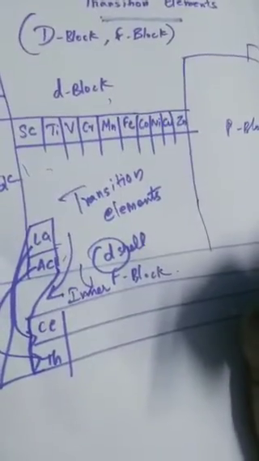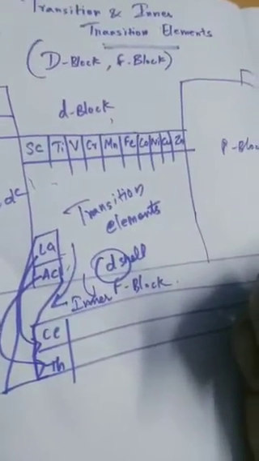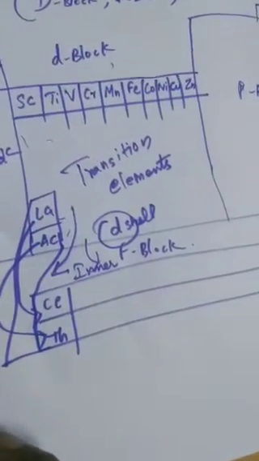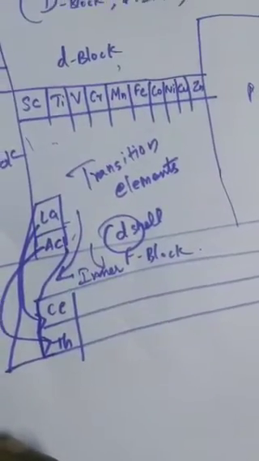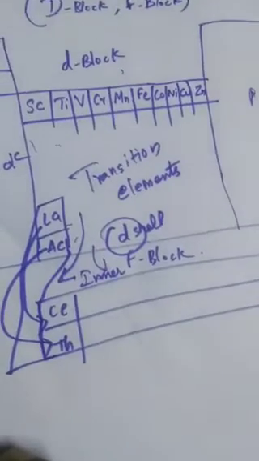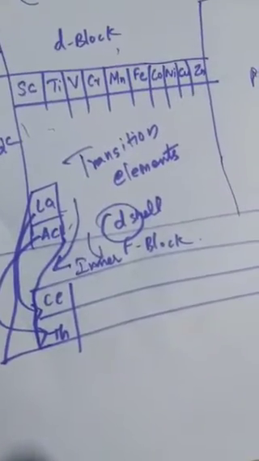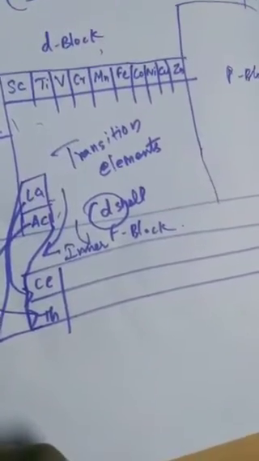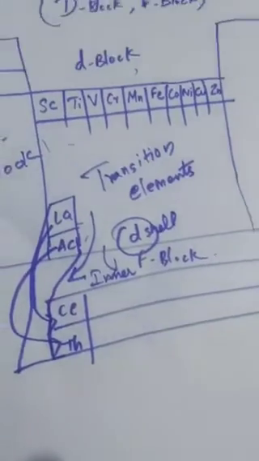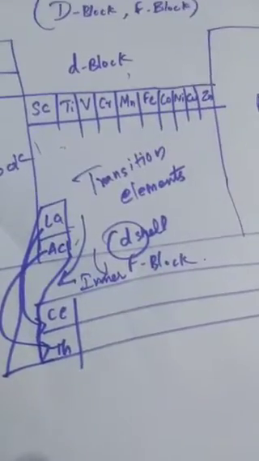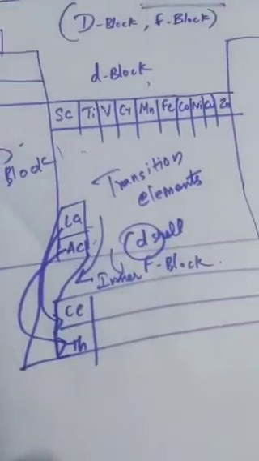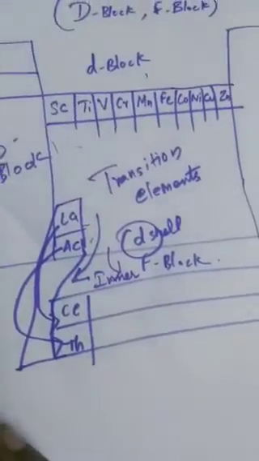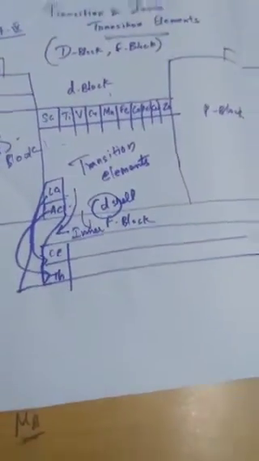So a transition metal has a D subshell. If an element has a D subshell, then it is called a transition element. And in F block elements, the elements will have D plus F subshells, so they are called inner transition elements.